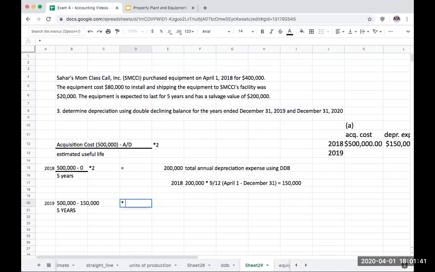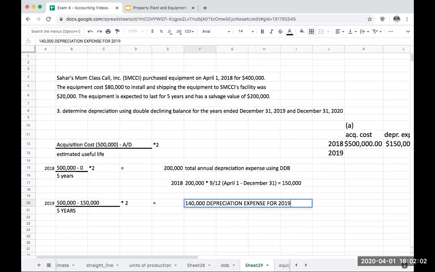I am then multiplying this result by 2, which is going to be giving me a total result here of $350,000 divided by 5, or $70,000 times 2, or $140,000 depreciation expense for 2019. Notice I do not need to multiply this by 9/12, I'm really multiplying it by 12/12 because I used it for the full year.